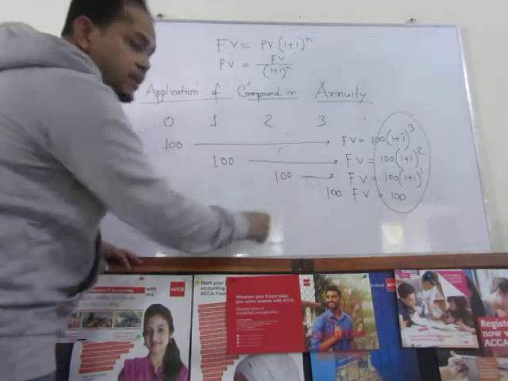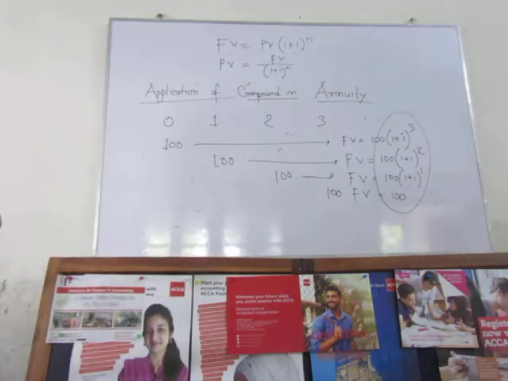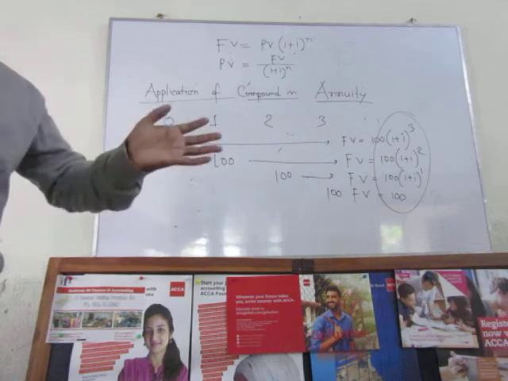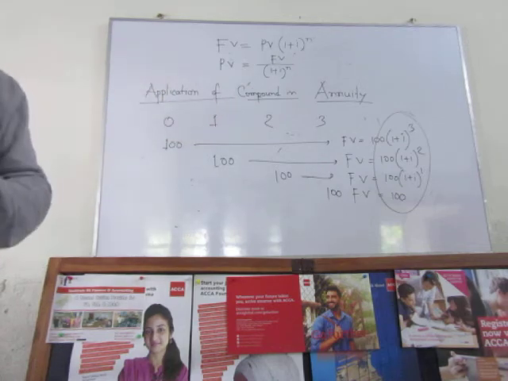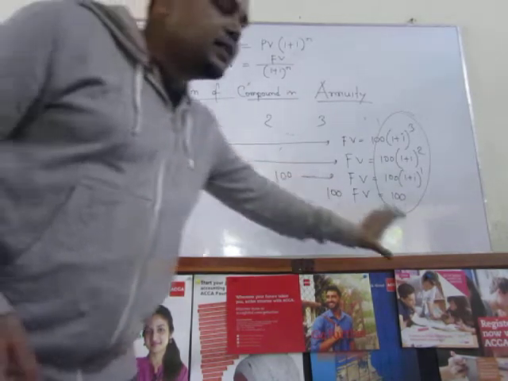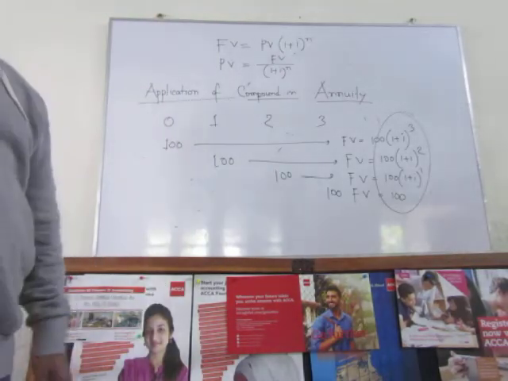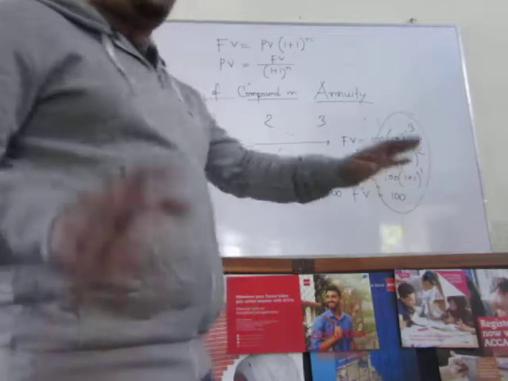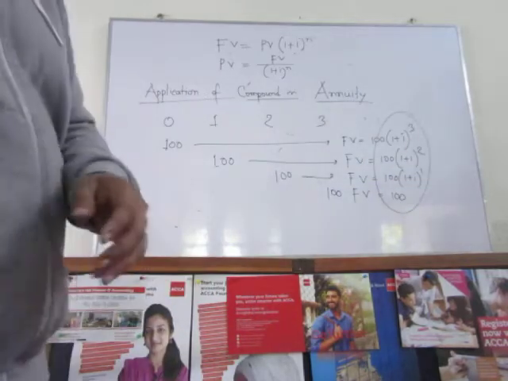We are summing a number of compound interests, so that's why we can say this is a series of compound interest, right? So we can use a formula here.